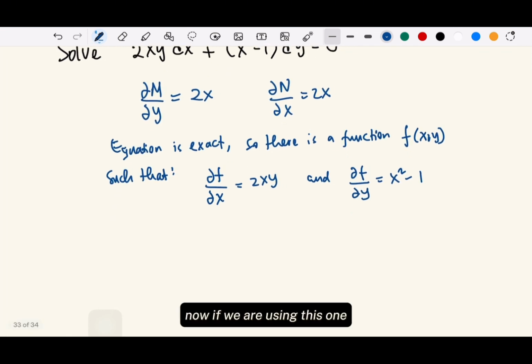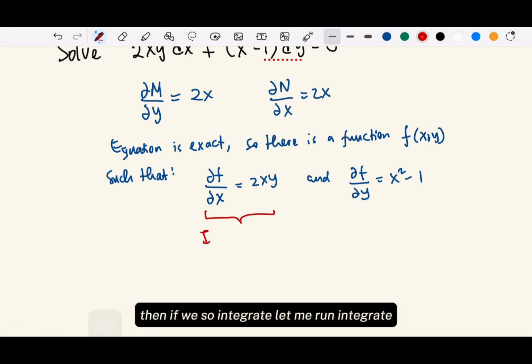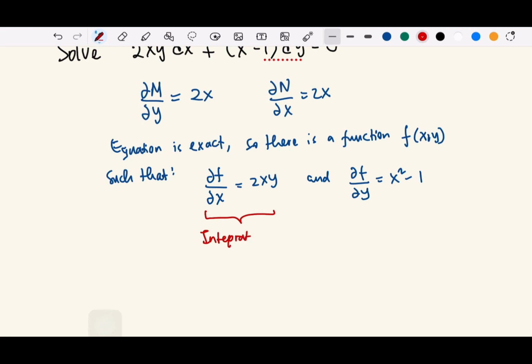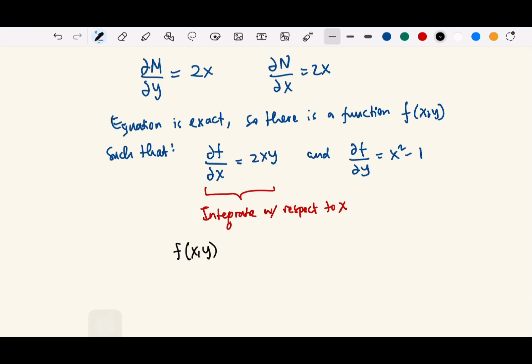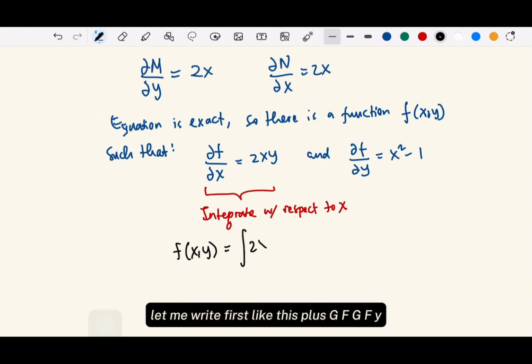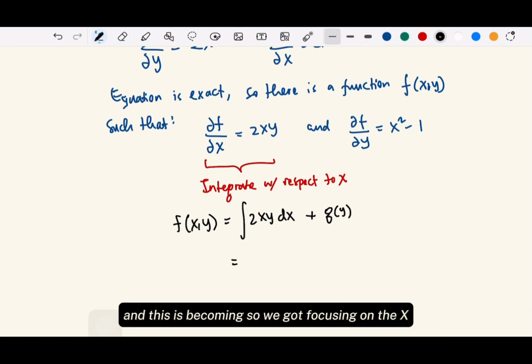Now if we are using this one, then if we integrate with respect to x, so we get f(x, y), let me write first like this, plus g of y, and this is becoming, so we are focusing only on x. Okay, so we have x squared y, and then plus g of y.